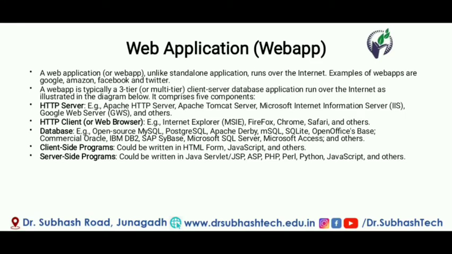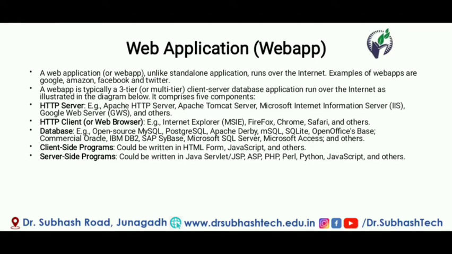To execute our web application, we need a web browser. Through the web browser we can send the request as a client to the server. For that we can use any type of web browser like Internet Explorer, Google Chrome, Firefox, Safari and many more that can be used as an HTTP client to send a request.